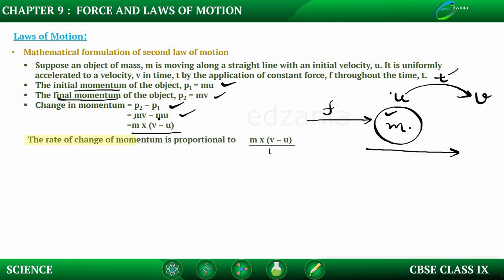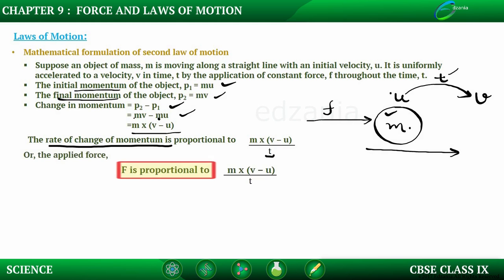The rate of change of momentum is proportional to m into (v minus u) upon t. So here we are finding the rate of change of momentum, so we have divided it by time t. Or if we talk about the applied force, then F is proportional to m into (v minus u) upon t.